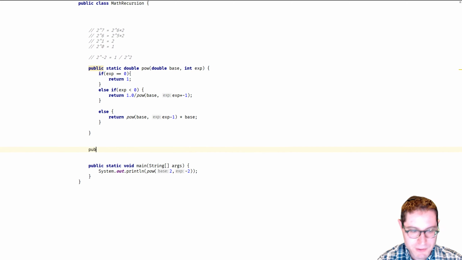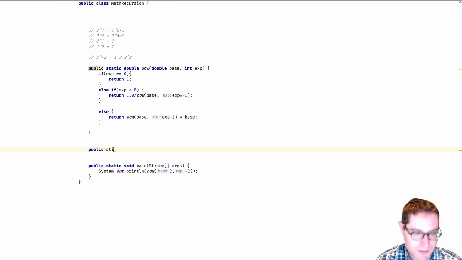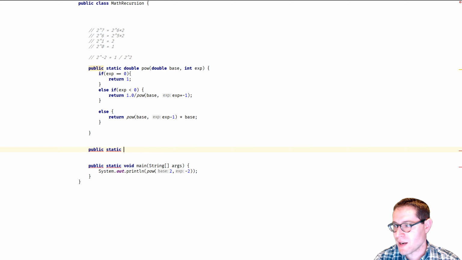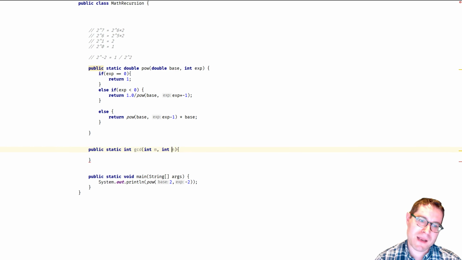Okay, public. Now this is a famous algorithm called the Euclidean Algorithm, by the way, for once not named after Euler, but you might get them confused since they both start with EU. So it's going to return an int, GCD. Now it had int m and int n, but it says given two integers, m is bigger than n.